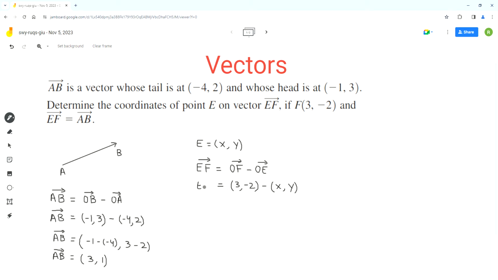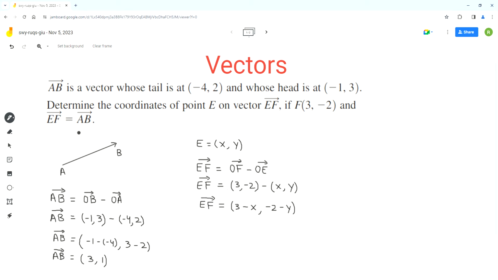And now we can subtract these two vectors. We subtract their x components and their y components. So we get 3 minus x, comma, and then we do -2 minus y. So this is vector EF.